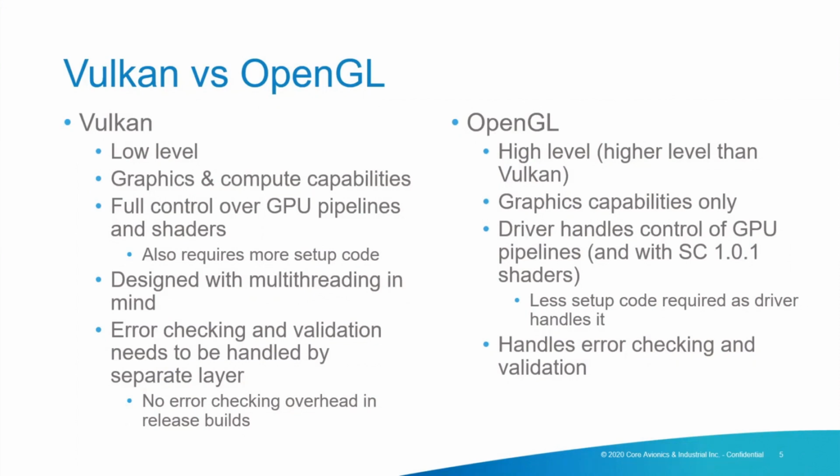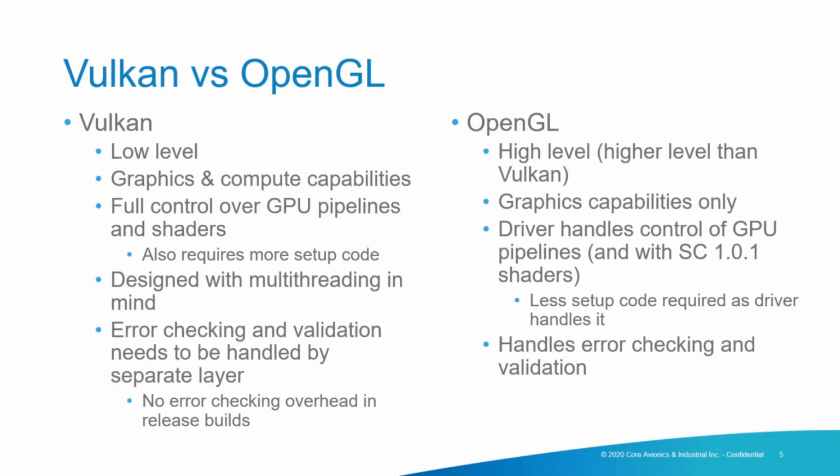Vulkan takes an approach where it's trying to have the most portable, but also the lowest level layer on top of the GPU so that the same code can run across different GPUs, but there's very little overhead to running that code. Later, I'll go over how this is achieved and how the lower level layers of Vulkan work. But just for now, Vulkan is a lower level API than OpenGL.